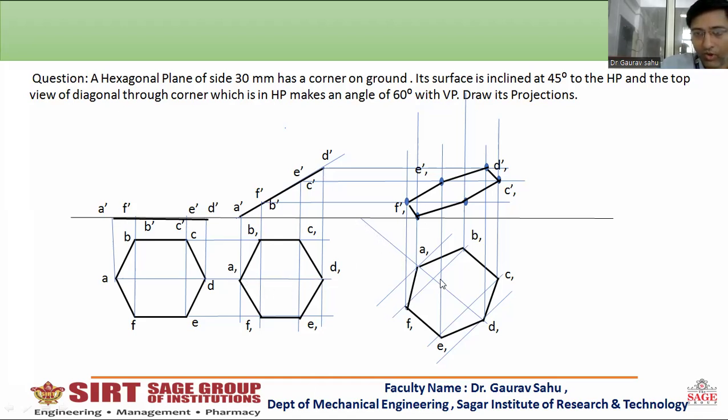So we will draw a locus, a line at 60 degrees. After drawing the 60 degree line, at the appropriate place we will measure A1, D1 and point out A and D1 here. By the help of a divider, we place one leg on A1 and another leg on D1, remove the divider and place it on this angular line.